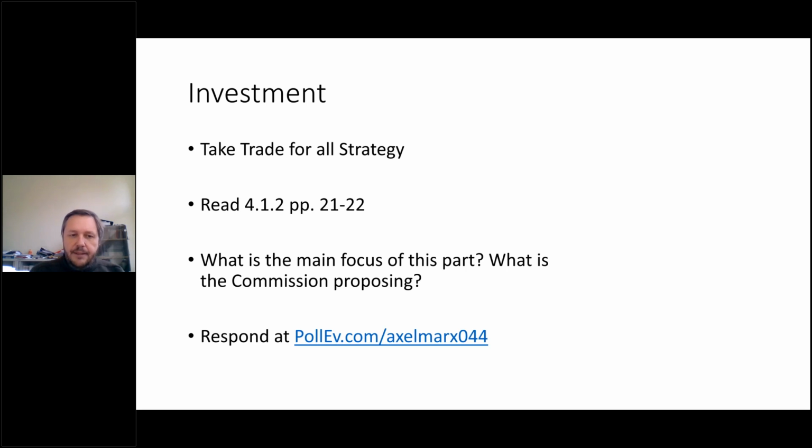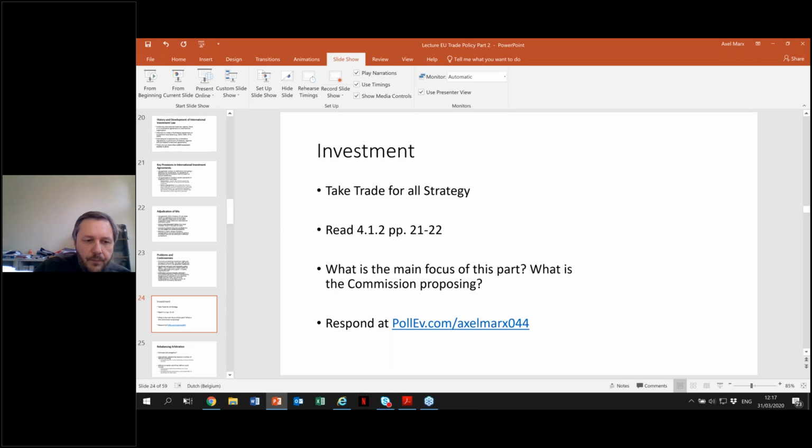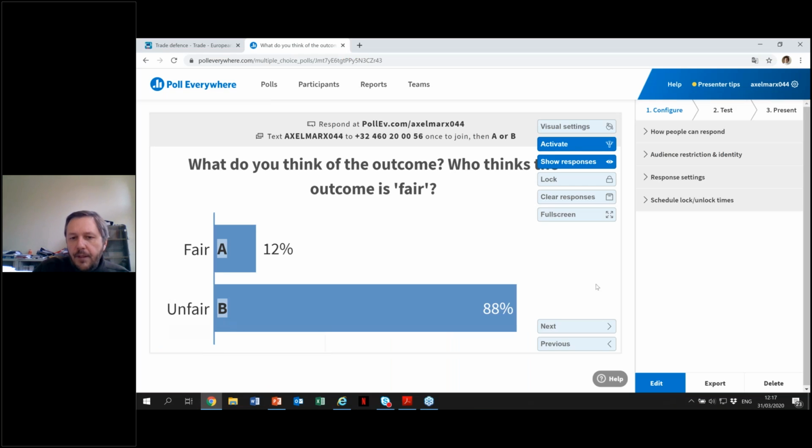So read that part and then go to Poll Everywhere to answer the question on what the EU is proposing.